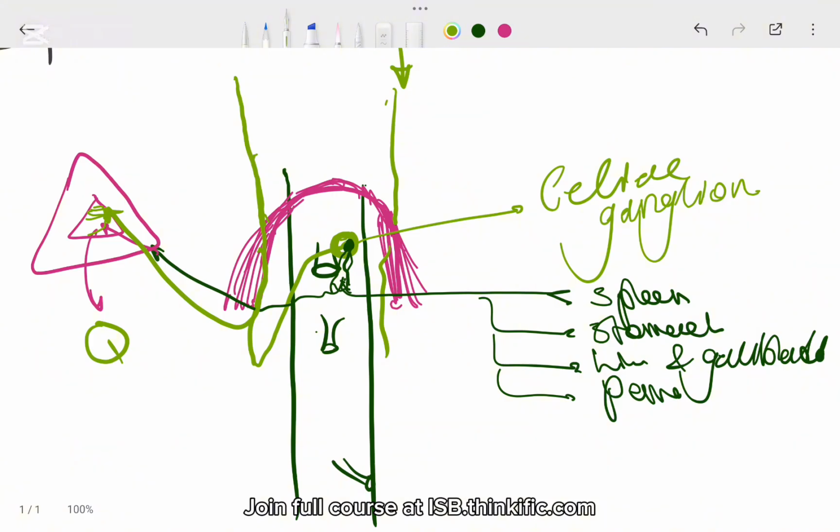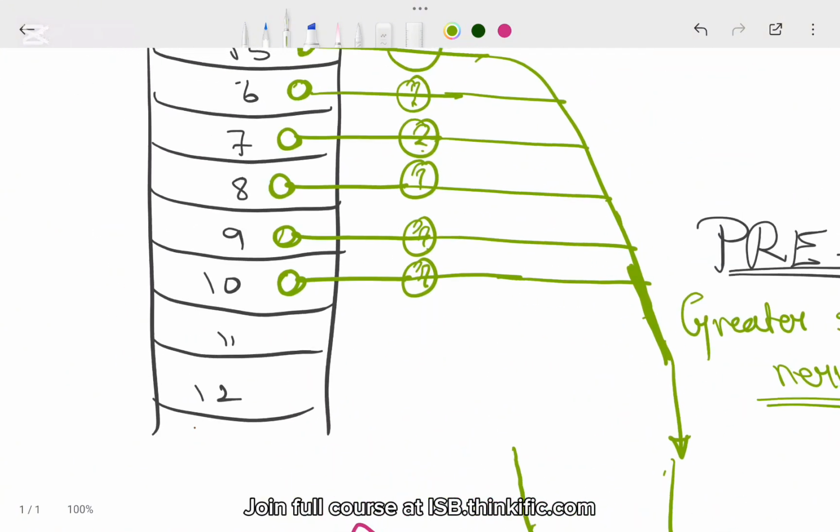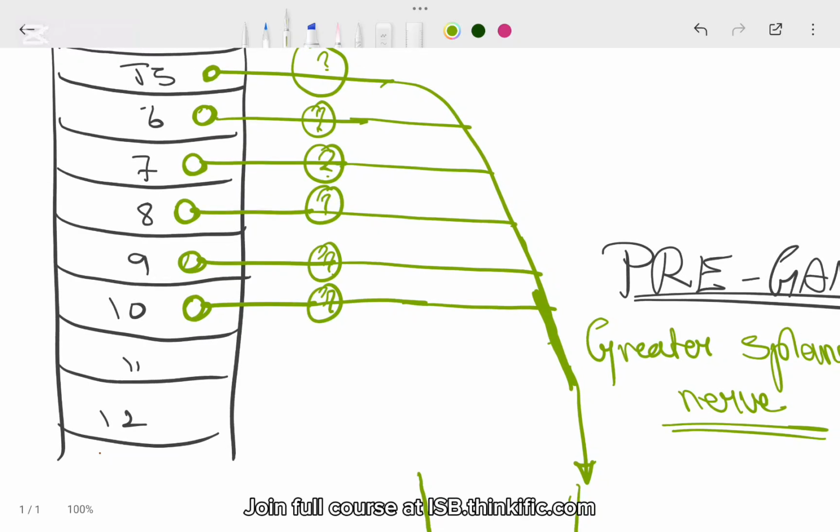What about the midgut? The midgut is supplied by nerve fibers which originally come from T10, with contribution from T11 in some cases or T9 in some other cases.